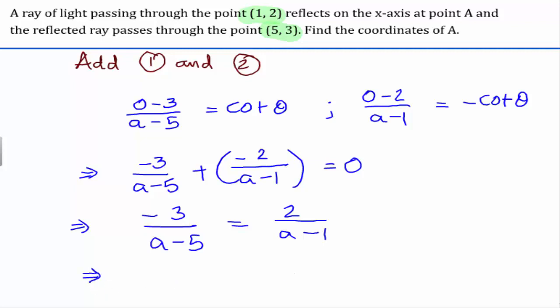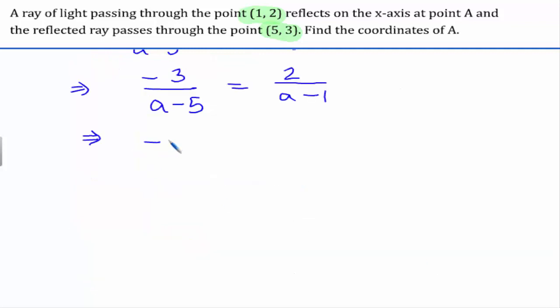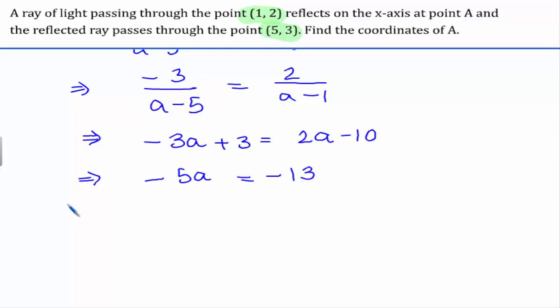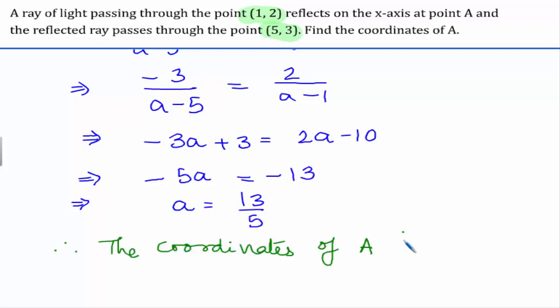Let us cross multiply now, and we get minus 3a plus 3 is equal to 2a minus 10. So this will give us minus 5a is equal to minus 13. So we get a is equal to 13 by 5. So the coordinates of A are (13/5, 0).